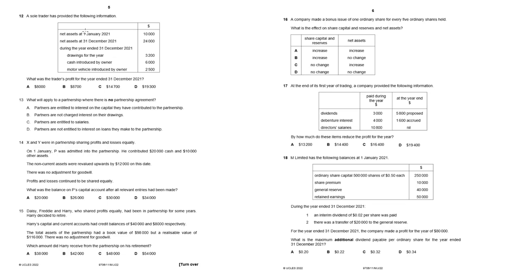Twelfth one, a sole trader has provided the following information: net assets. Net assets means capital on opening and closing during the year, drawings, cash introduced, motor vehicle introduced. What is the trader's profit? Which is simple. So using the incomplete records formula, profit is equal to closing capital minus opening capital plus any drawings minus additional capital.